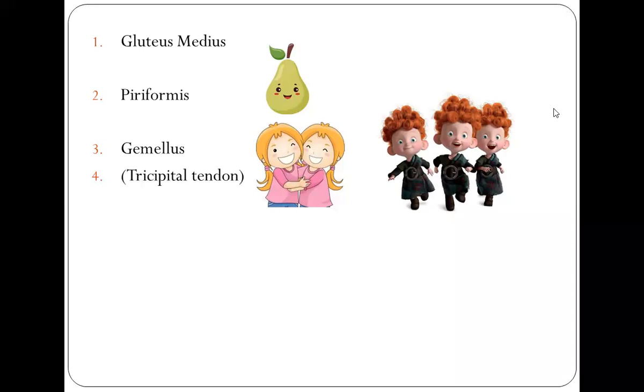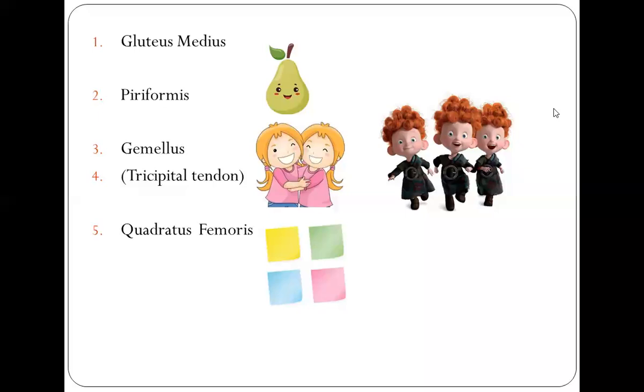The superior and inferior gemellus have a tendon in between. So together, the three of them are called the tricipital tendon. Then the next muscle that you're going to see, to learn that name, you need to remember the quadrangle or quadrate, which is the number 4. That is the quadratus femoris muscle.